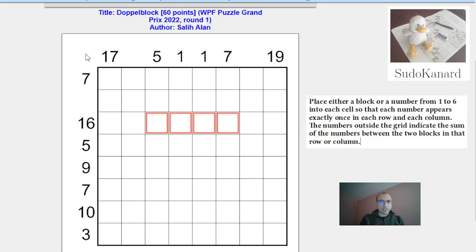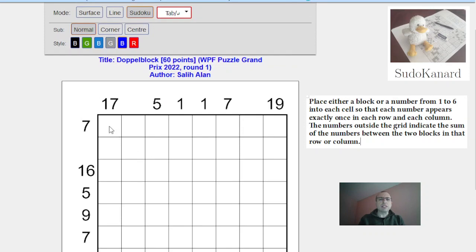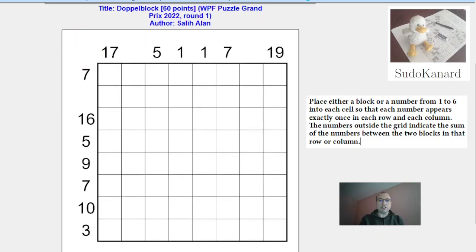Alright, so first let's remind ourselves what's happening. Let's remember that the sum of all digits must be 21. So I can't put 21 in a cage in Sudoku notation.